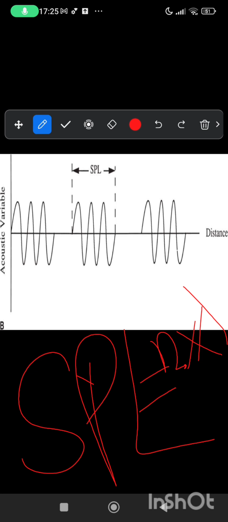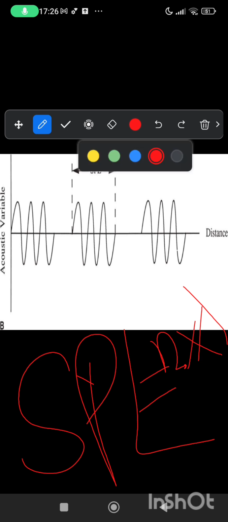The key point for the exam is shorter SPL, better axial resolution. To improve axial resolution, reduce the SPL, or reduce the wavelength, or increase the frequency.